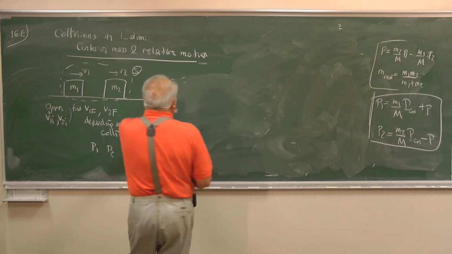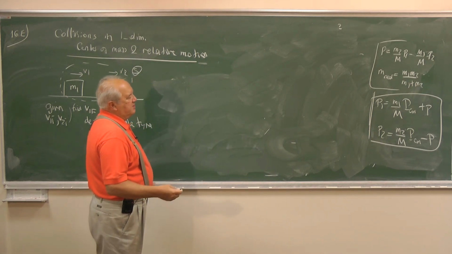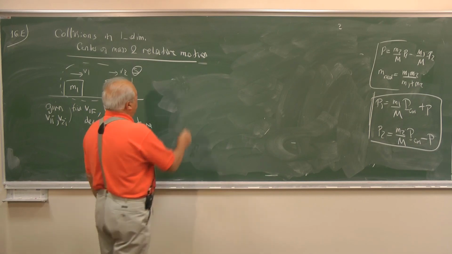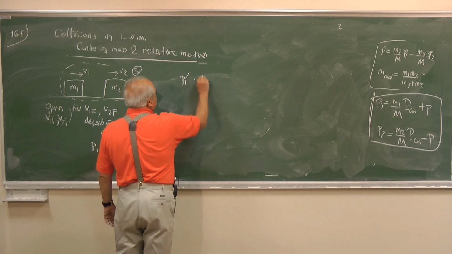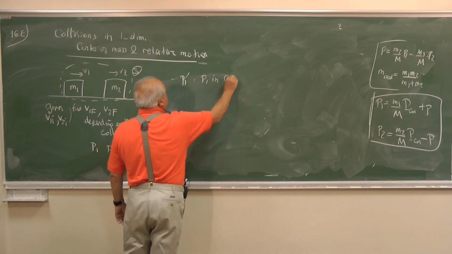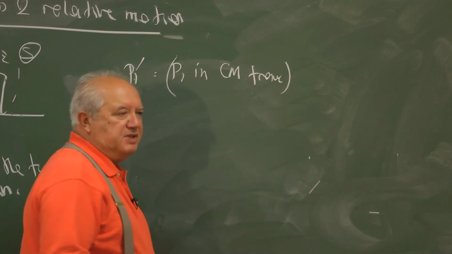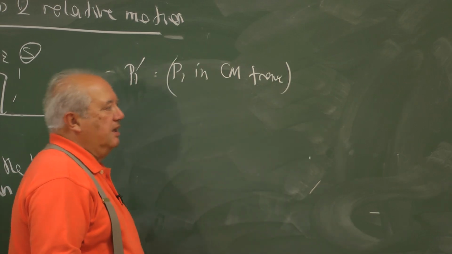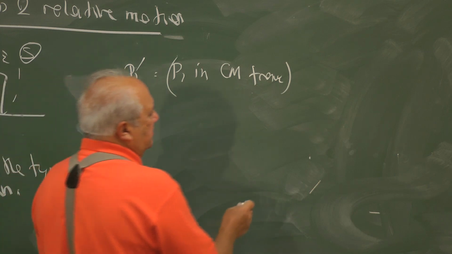Let us denote the variables in the center of mass frame by prime. So P1 prime, that's P1 in the center of mass frame. But in the center of mass frame, the center of mass is at rest, and the center of mass momentum is 0.